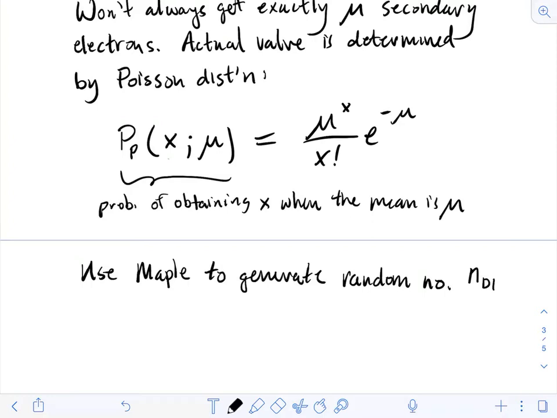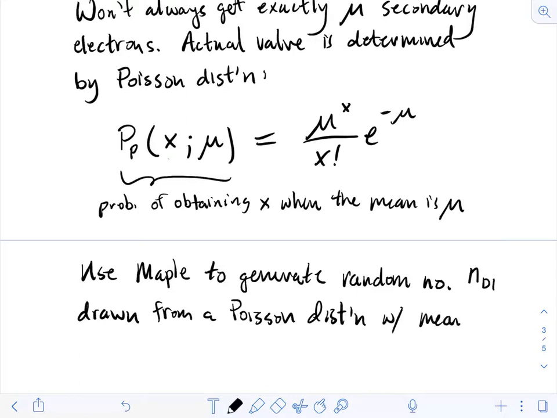And this random number is not going to be drawn from a uniform distribution, but from a Poisson distribution with mean mu equal to the number of incoming photoelectrons times the dynode voltage divided by 20 volts, which was the voltage required to make a single secondary electron.